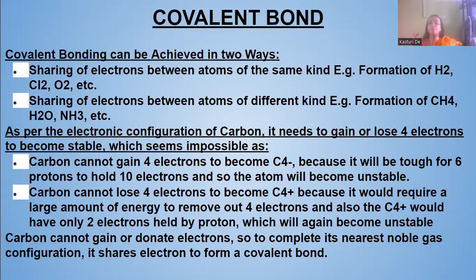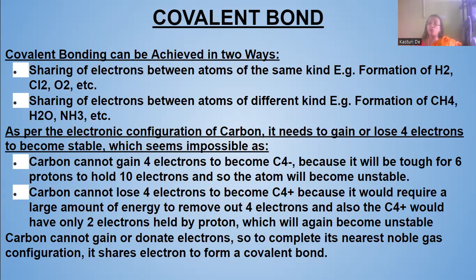So this becomes impossible. Why? Because carbon cannot gain 4 electrons to become C4 minus, because it will be tough for 6 protons to hold 10 electrons. It has 6 protons in its nucleus, and it will be very difficult to hold.